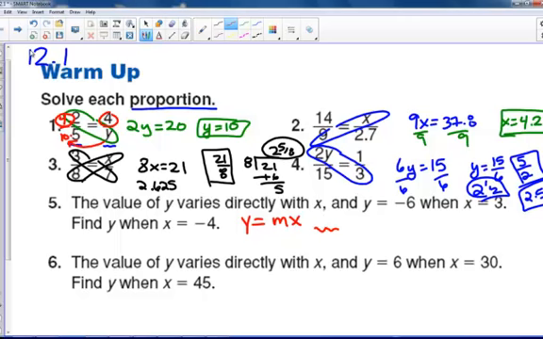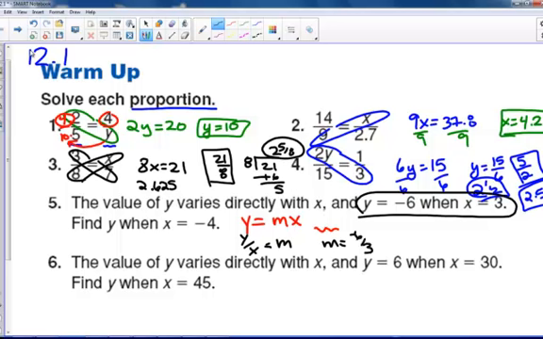So this is what I'm given. So m would equal y divided by x. So m would equal -6 over 3. So our slope is -2.